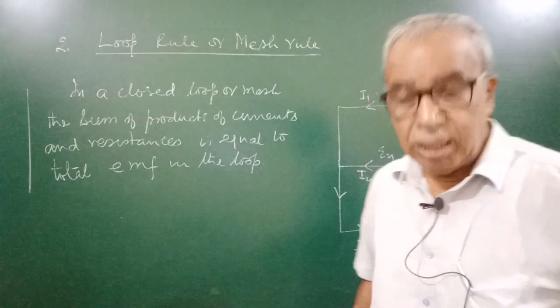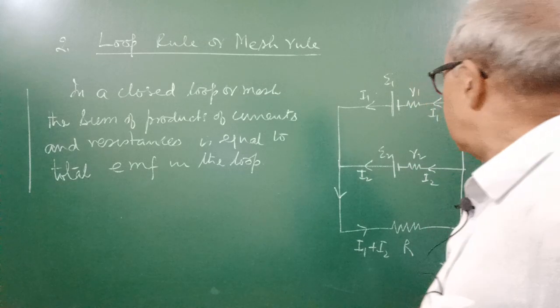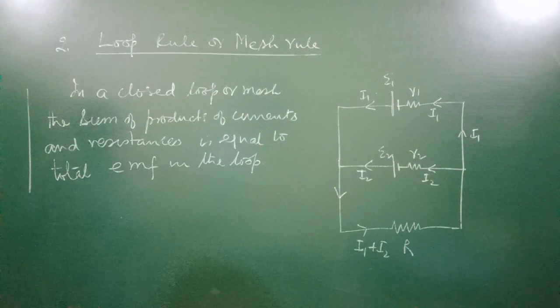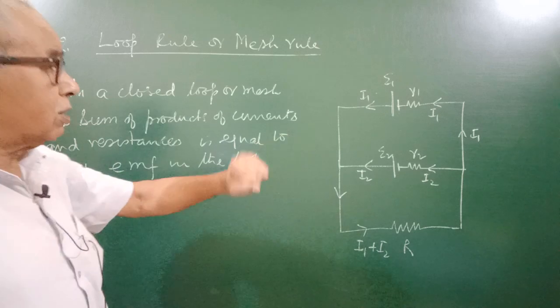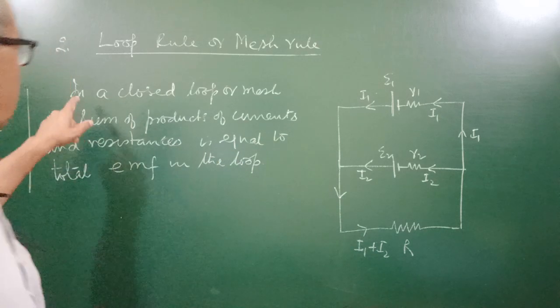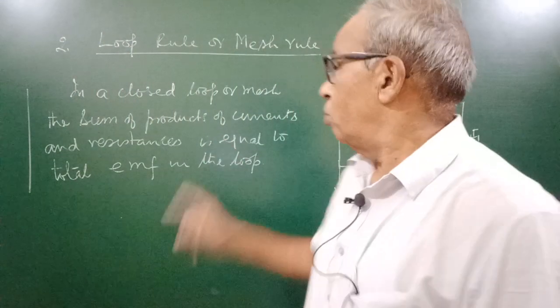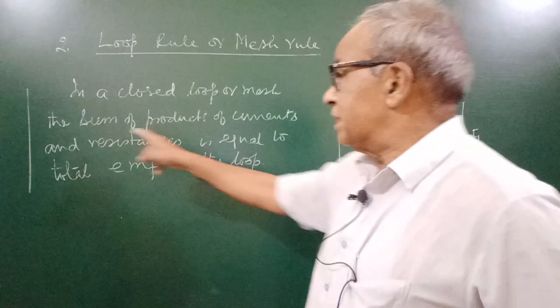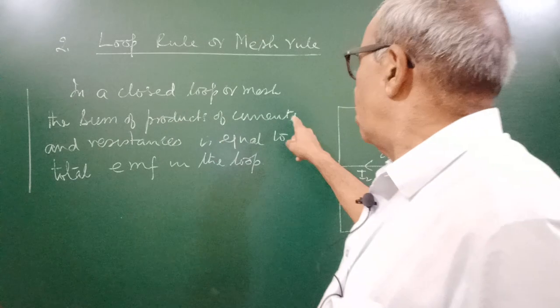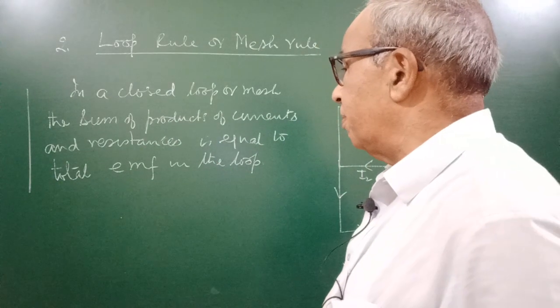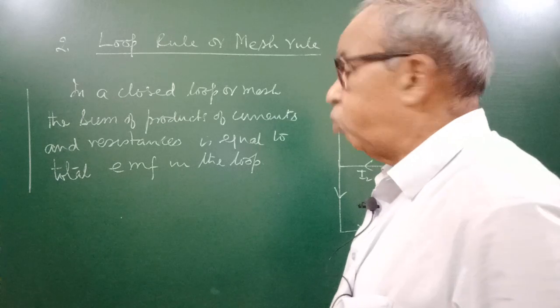I have seen people are confused with this rule. Please don't be afraid of this. Simply, in a closed loop or closed mesh, the sum of products of currents and resistance is equal to the total EMF in the loop.